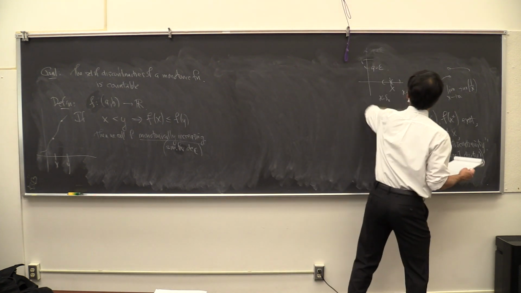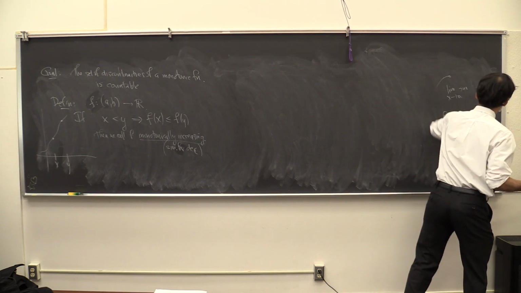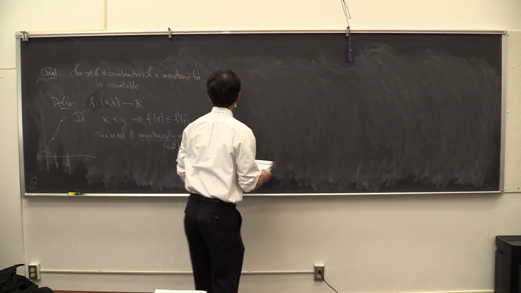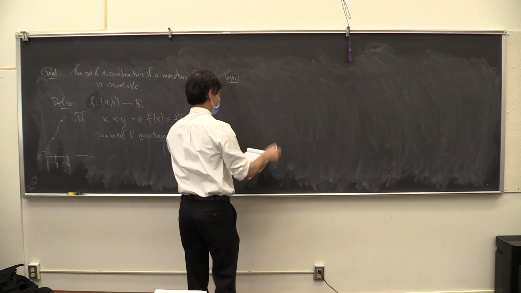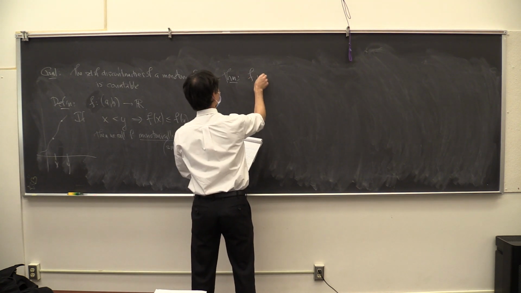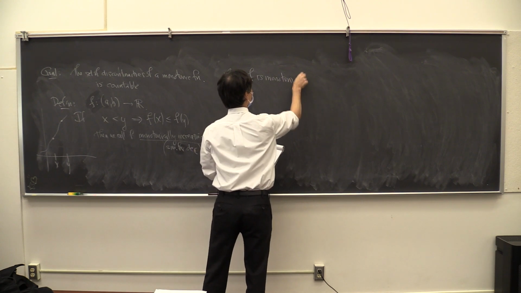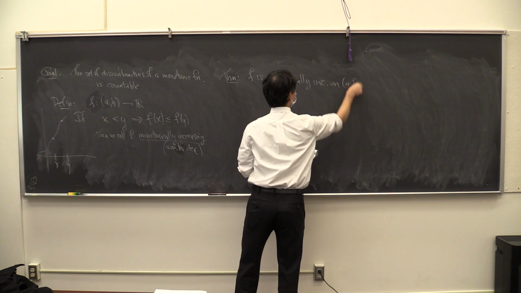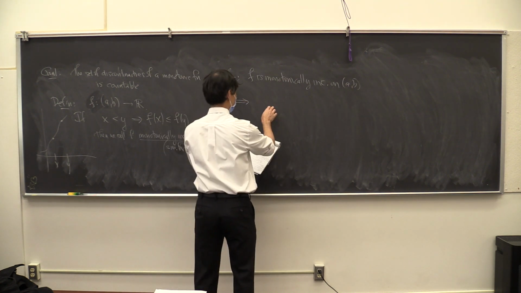Okay, so now comes our first theorem, before we get to the goal, which is the following. If f is monotonically increasing, then 2 things happen.